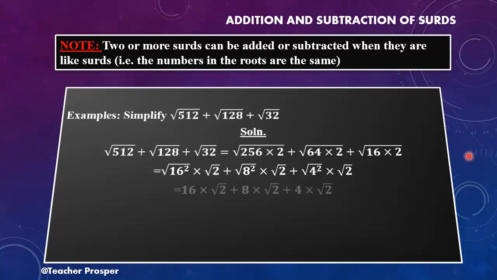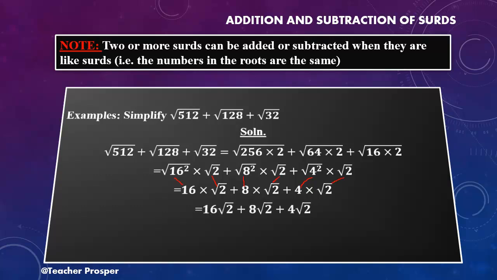So at the end, when we simplify this, square root of 16 squared will give us 16. And then this square root of 2 stays. Square root of 8 squared will give us 8. And then this 2 stays. Square root of 4 squared will give us 4. And then this square root of 2 will stay.